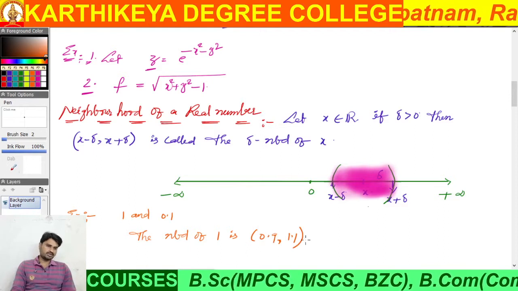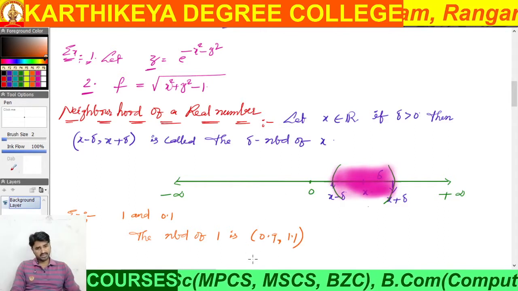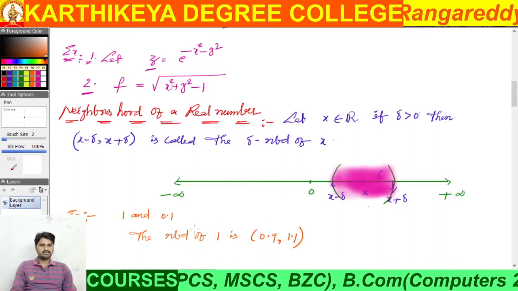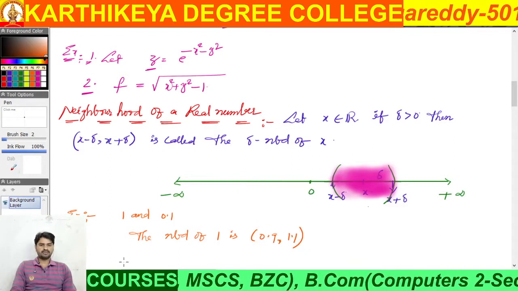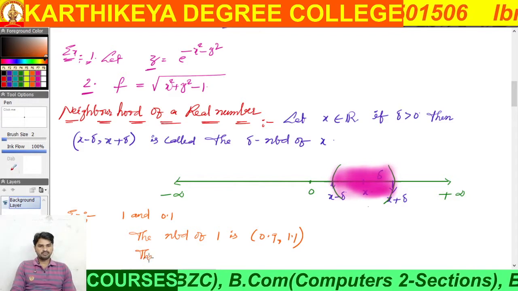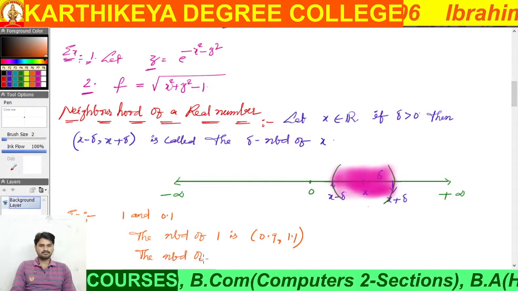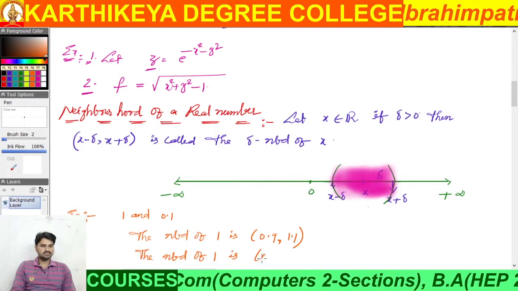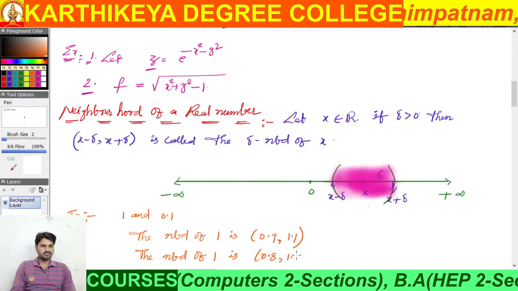So this interval is called the neighborhood of 1 at the distance 0.1. Another one: if you take the distance 0.2, the neighborhood of 1 is 0.8 to 1.2.